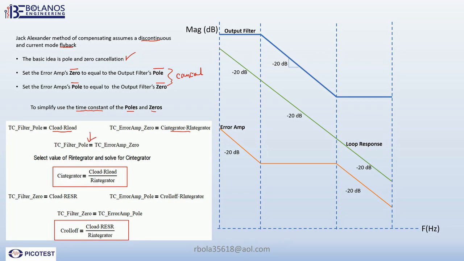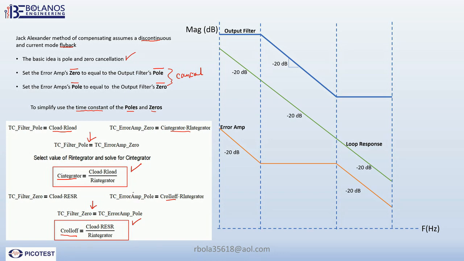Then if we solve for the integrator, you end up with this equation. Likewise, if we set the time constant of the filter zero equal to the time constant of the error amp's pole, we get this equation, and if we solve for the roll-off, we get that equation. So you just need to solve for your integrator and your roll-off, and you're pretty much done.